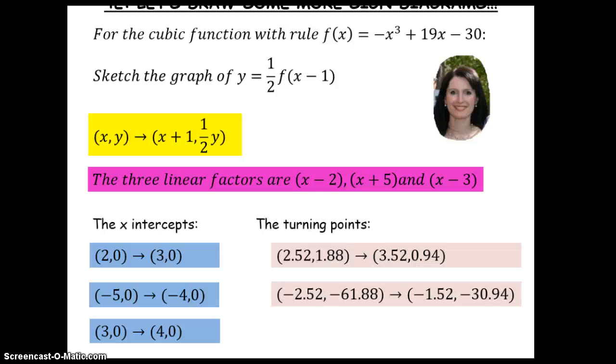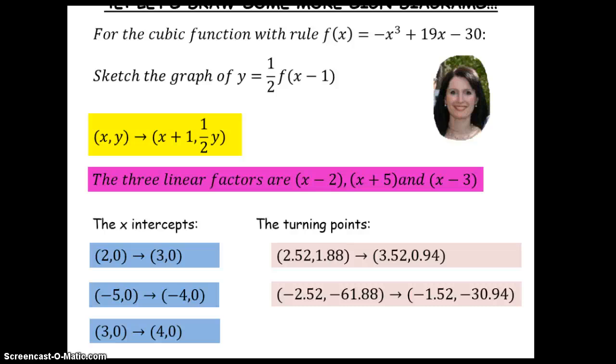The turning points, as we found from the calculator, were (2.52, 61.88) for the first one. We just need to add on 1 for our x value, so it becomes 3.52, and then half of 61.88, which is 30.94. The other turning point was (negative 2.52, negative 61.88).